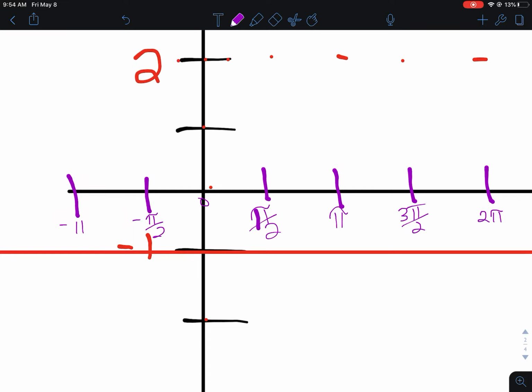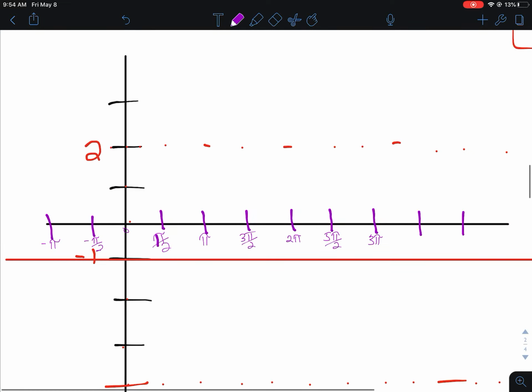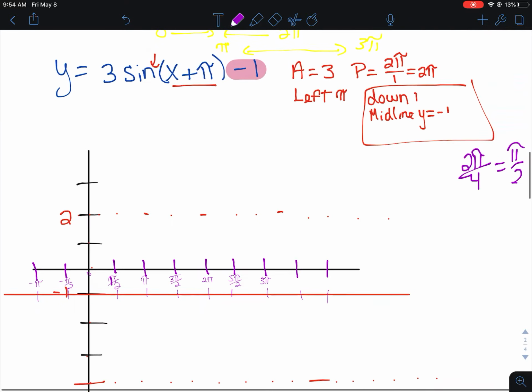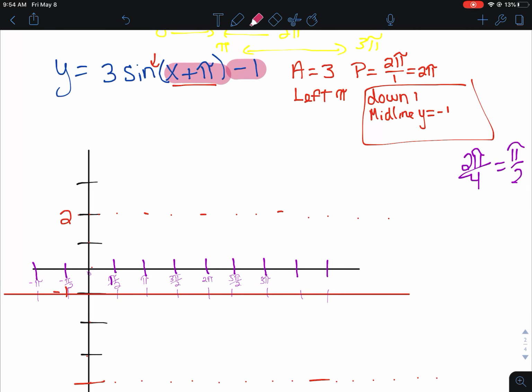And if we went to the left, this is 0, right? So this is negative pi over 2, negative pi. Okay? And think about those same tick marks should be on the red line, because that's what we're basing our graph off now, not the black x-axis.